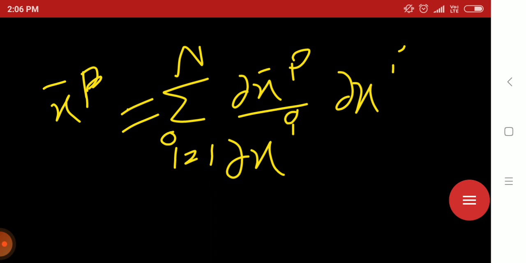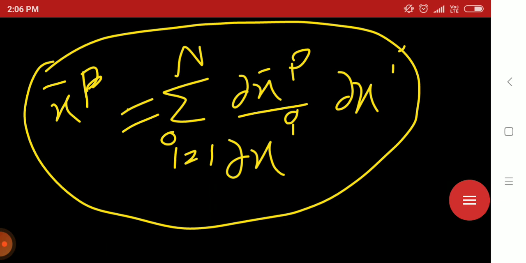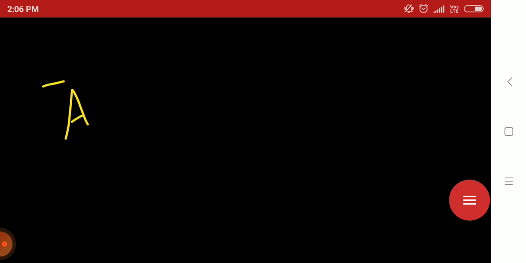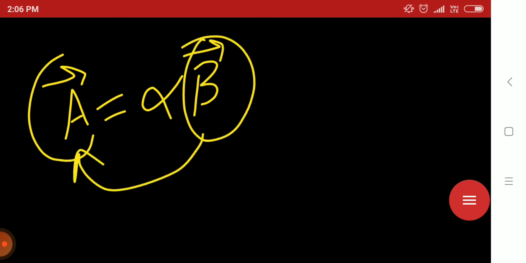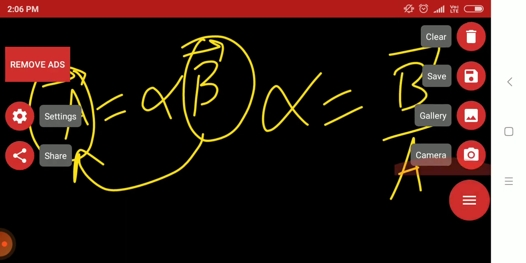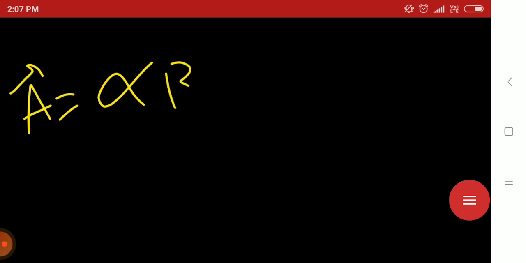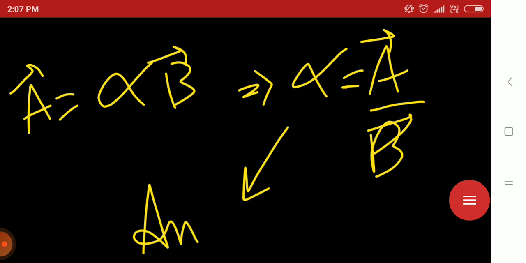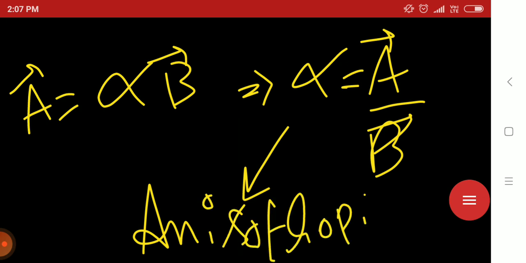So what do we get today? Later we will call this the contravariant vector or contravariant tensor, and covariant vector or covariant tensor, this relation. So we get today the physical definition of tensor: if there is a cause vector and an effect vector, if effect vector B is caused by cause vector A, then A equals alpha into B, and the ratio of cause vector to effect vector in an anisotropic medium is written as tensor.